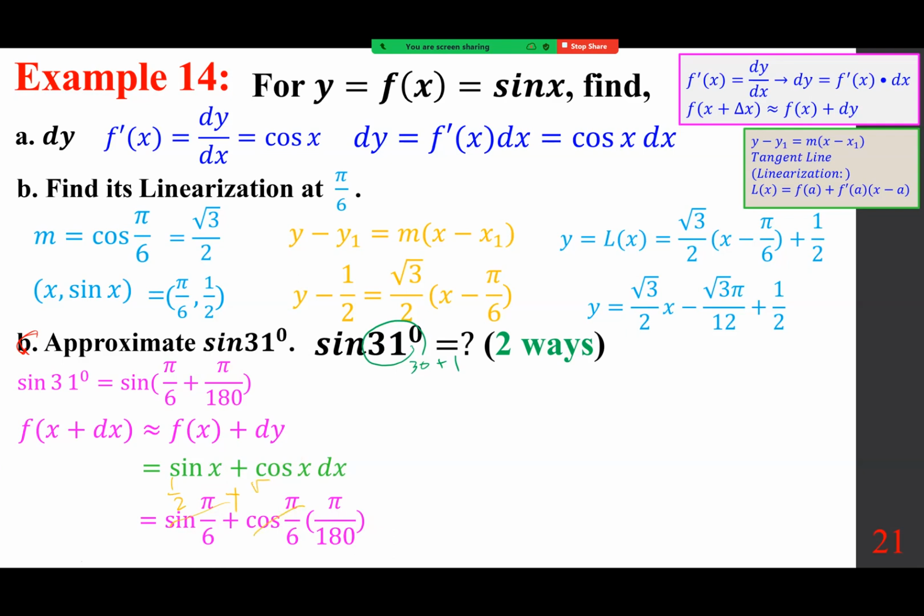Cosine of pi over 6 is square root of 3 over 2. But we really have to go with the decimal representation, and please don't choose 3.14 for pi. Use a calculator, 3.14159, and it continues indefinitely. So plug in, evaluate, and see what you get.